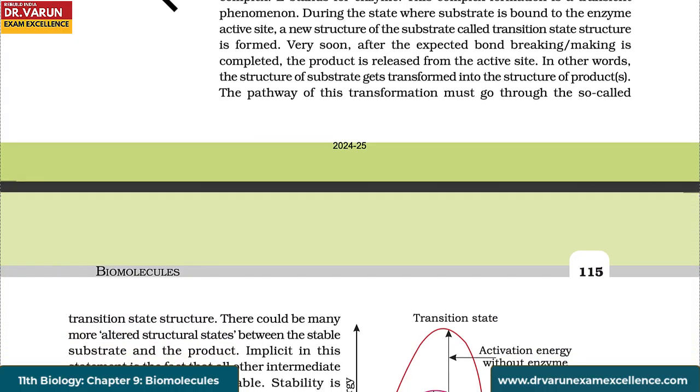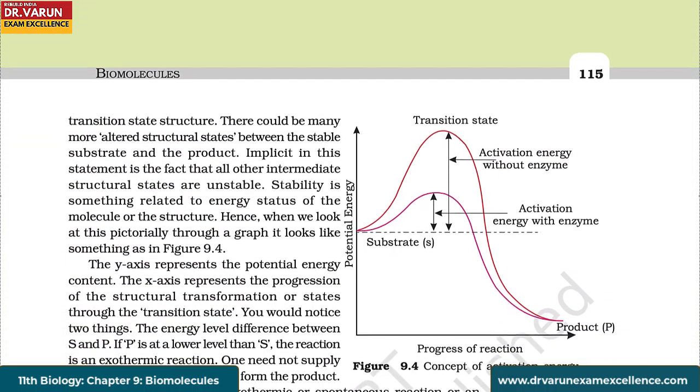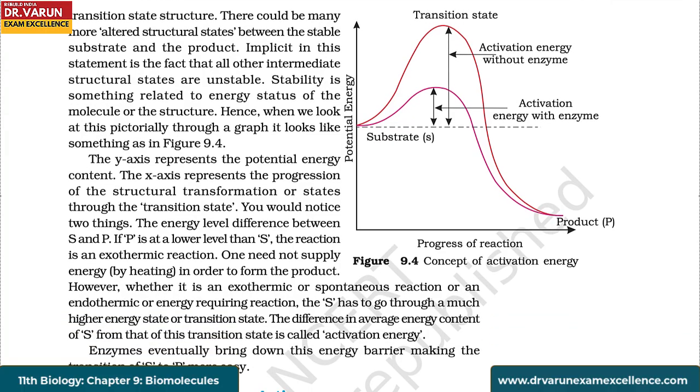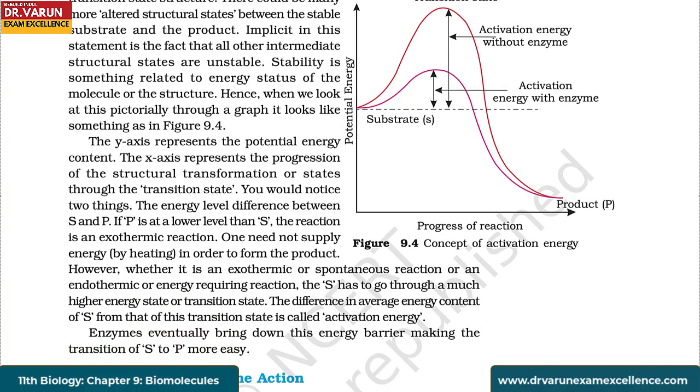The pathway of this transformation must go through the so-called transition state structure. There could be many more altered structural states between the stable substrate and the product. Implicit in this statement is the fact that all other intermediate structural states are unstable. Stability is something related to energy status of the molecule or the structure.